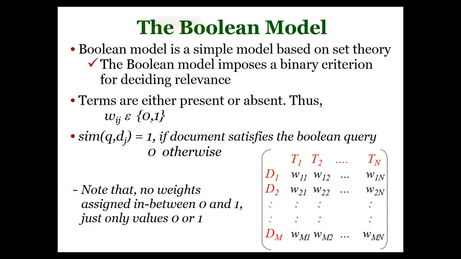So in the Boolean model, after constructing the term document matrix, the weights assigned are binary weights, zeros and ones. One for a term which is available in a given document, and if the term isn't available, 0.